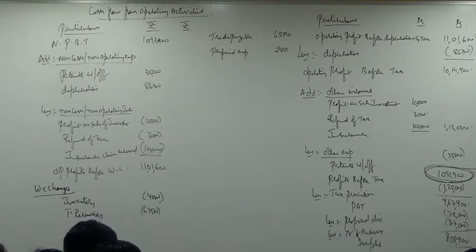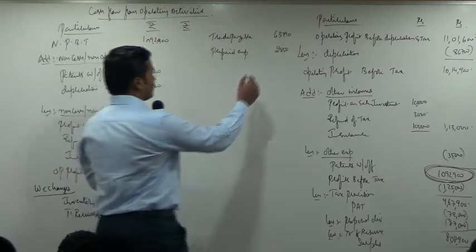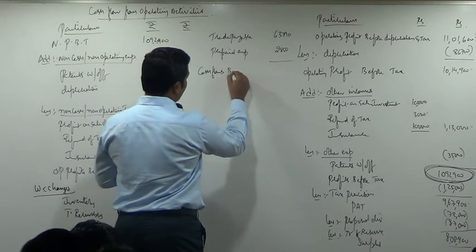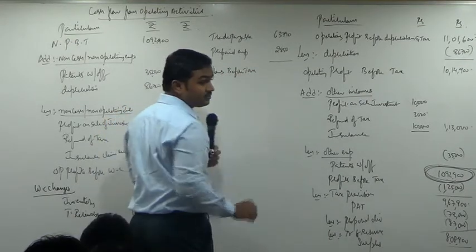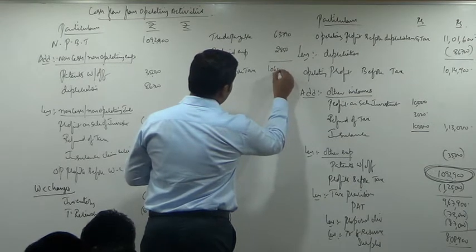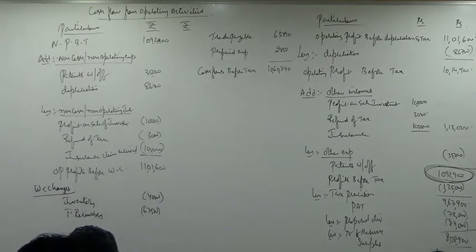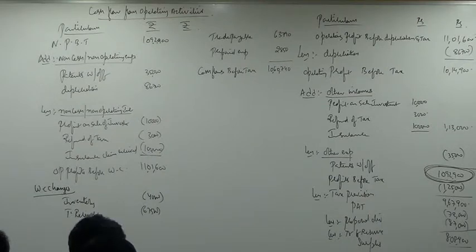Short-term marketable securities, we'll take it as part of cash and cash equivalents. Cash balance is part of cash and cash equivalents. Okay. Now we will get cash flow from operations before tax. How much? 10,60,740.